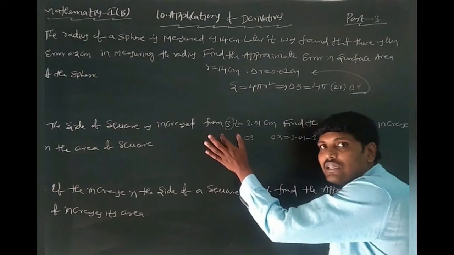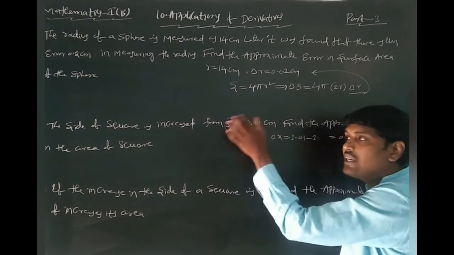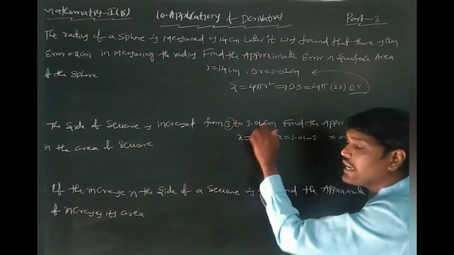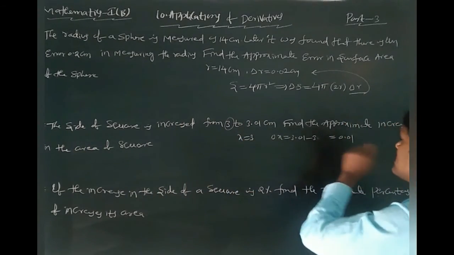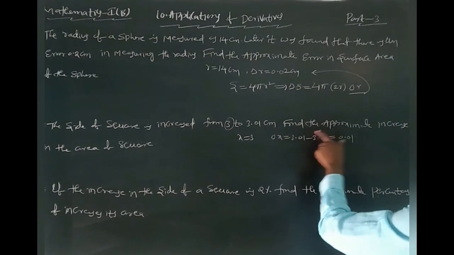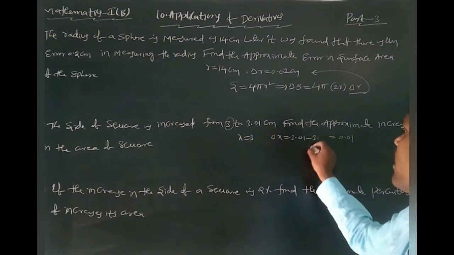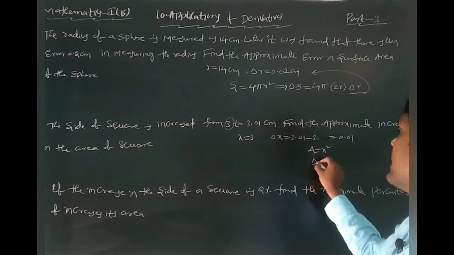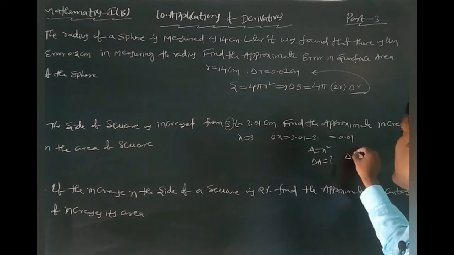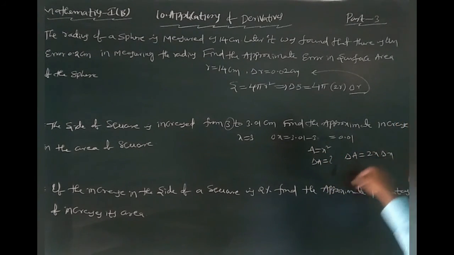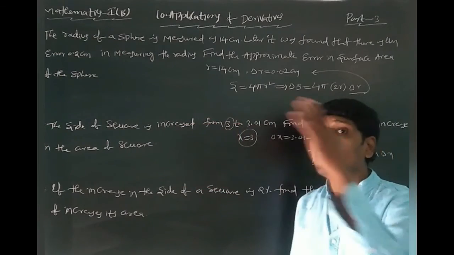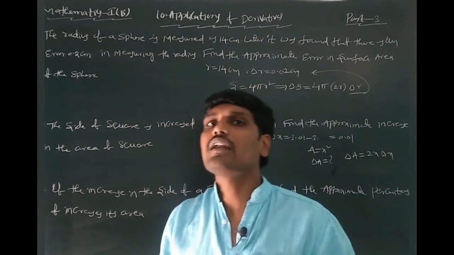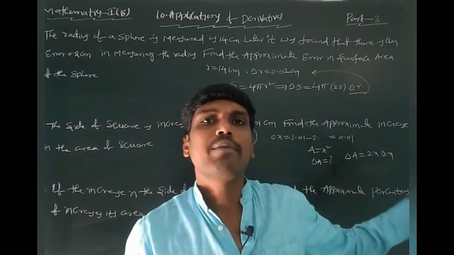The error of the side of the square is not given, but the increase from 3 is nothing but the error. 3.01 minus 3, you get 0.01 as delta x. Find the approximate increase of area. Area equals x square. Delta A you can find. Delta A is equal to the derivative of x square, 2x, delta x. The x value is 3, delta x value is 0.01. Write in this equation and you get the answer. You can write down the total answer clearly. I am just giving a hint.